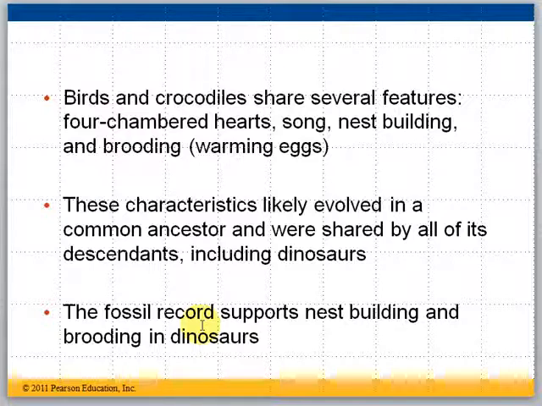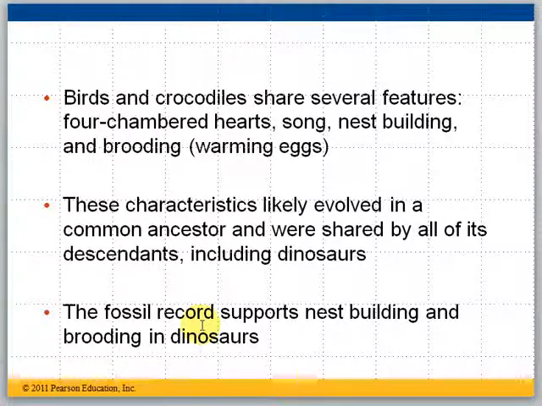So you would expect to also find that in all of the descendants of that common ancestor, including the dinosaurs. And sure enough, that is something that can be tested. We can look and see, do we find any fossil evidence that might back that up, or is that just an idea that we can't seem to find any evidence for? Well, the fossil record supports the idea that dinosaurs were nest builders and that they would brood their eggs, that they would sit on their eggs and guard their nests.